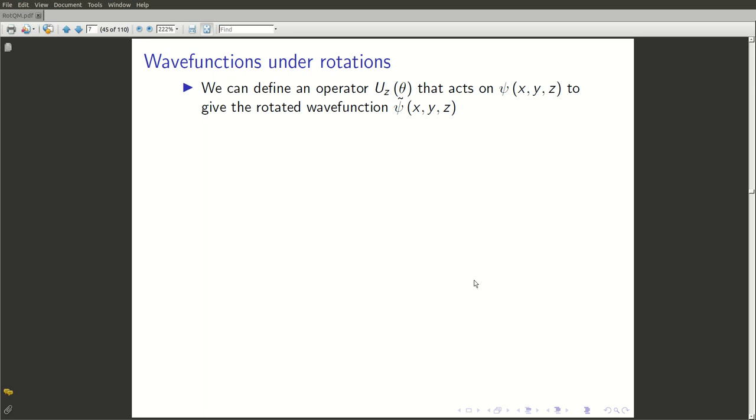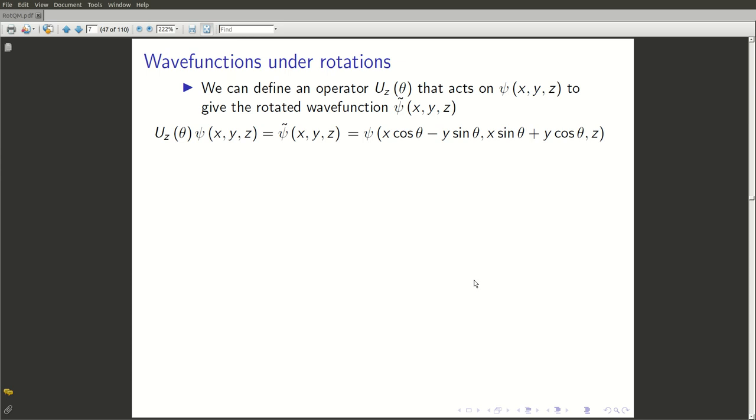So in the specific case of rotation about the z axis through an angle theta, I denote the operator by U_z of theta. So U_z of theta acting on psi gives me the function psi tilde, and this thing at x, y, z is nothing but psi of x cos theta minus y sin theta, x sin theta plus y cos theta, and z.